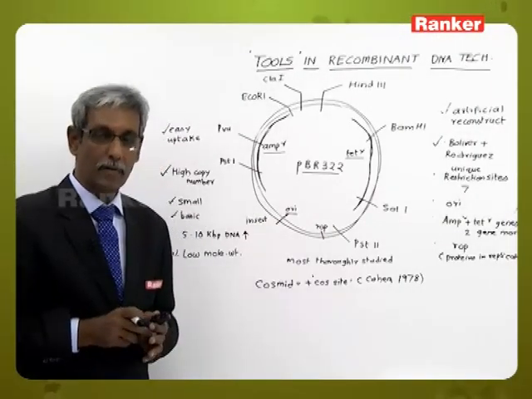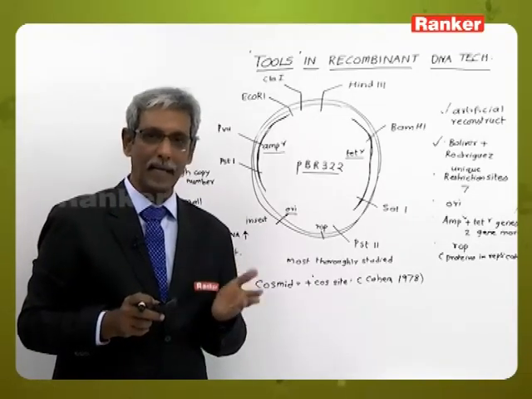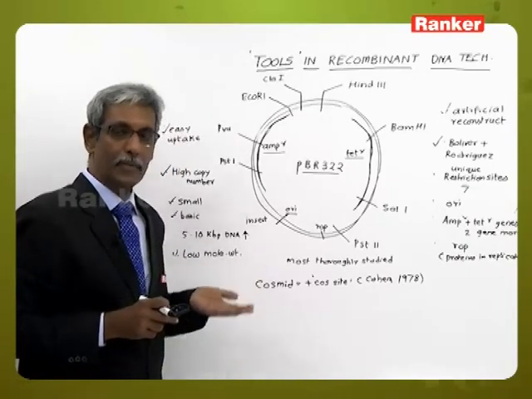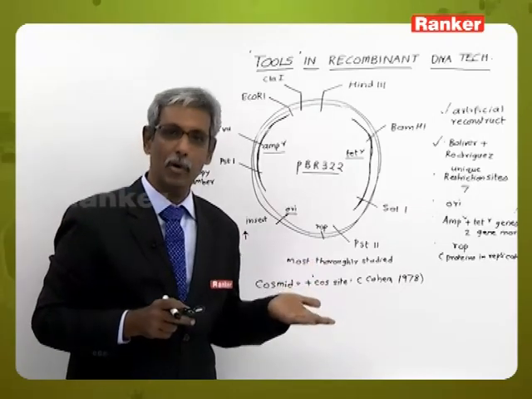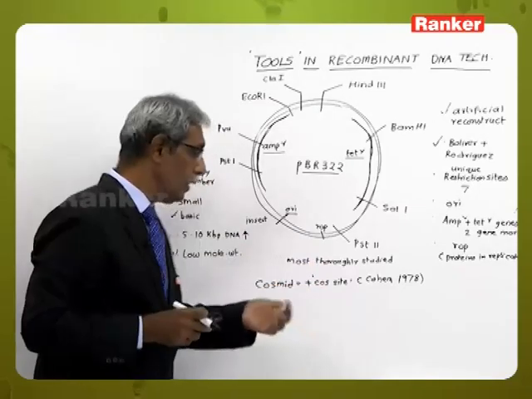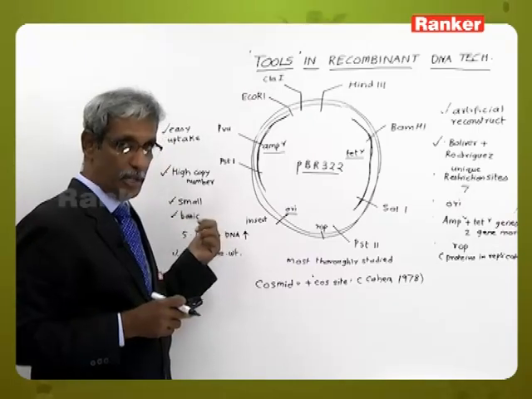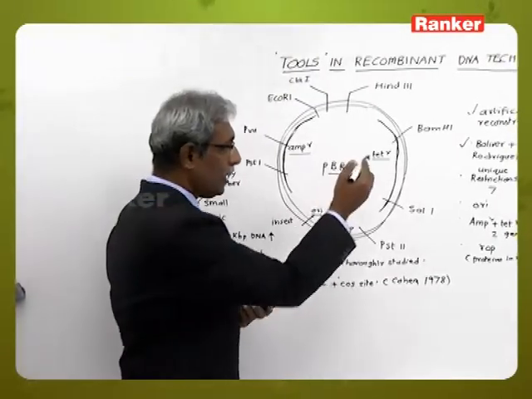It is just like a fast shuttle, a vector which moves from one bacteria to another bacteria. Imagine if it had a very high molecular weight, it would take a lot of time to travel from one bacteria to another. So it's a low molecular weight plasmid which can take in your foreign gene of interest, and it is the most thoroughly studied plasmid by Bolivar and Rodriguez.